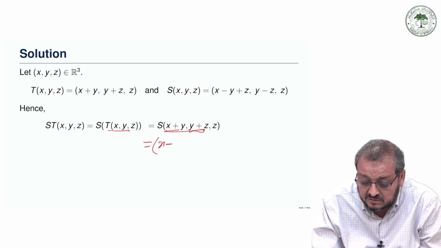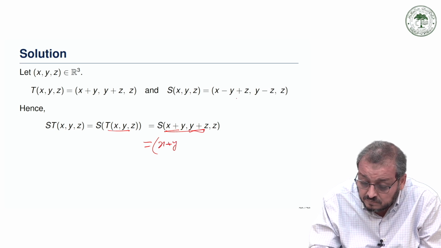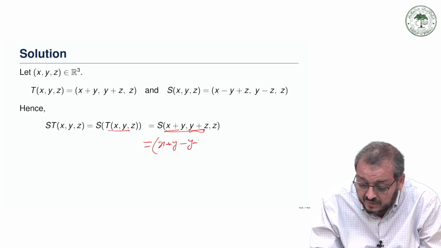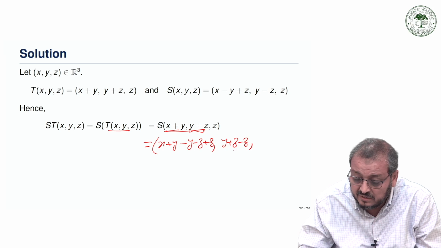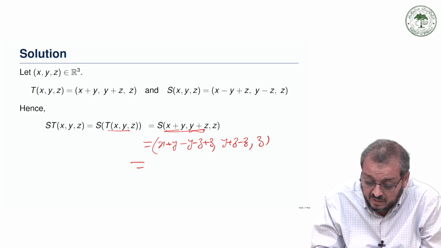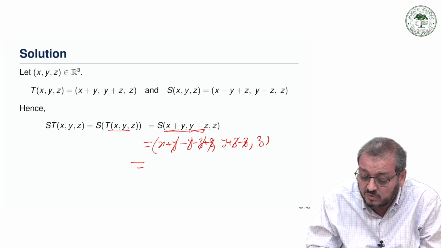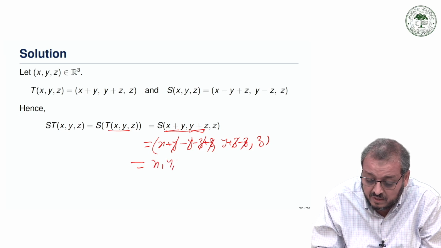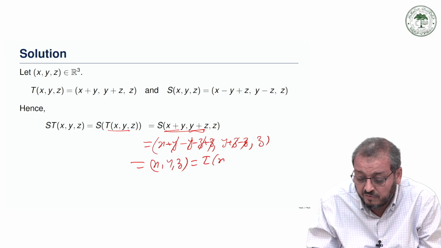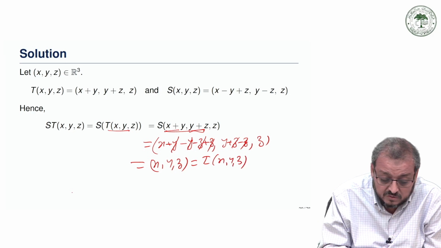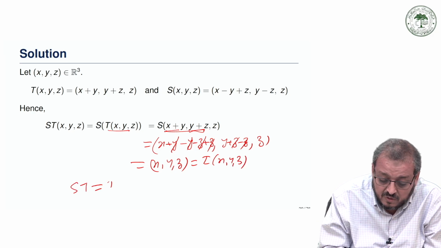So x plus y minus y minus z plus z, then you have y plus z minus z, and then you have z still. Again y and z cancel out, then you have again (x, y, z), and this can be written as identity of (x, y, z). So we can say that ST is equal to identity.